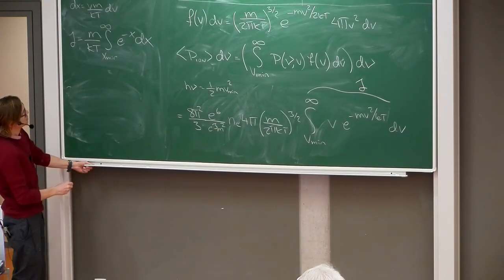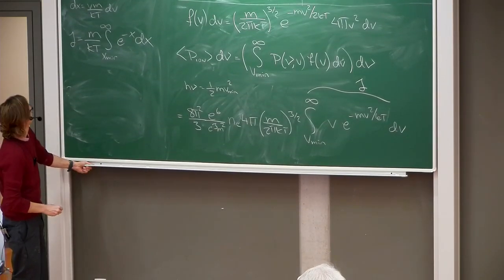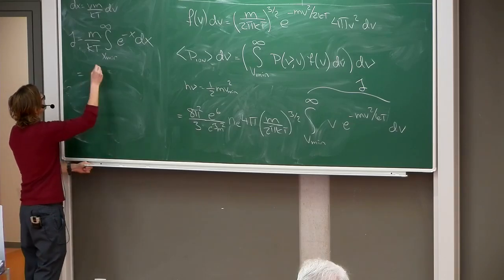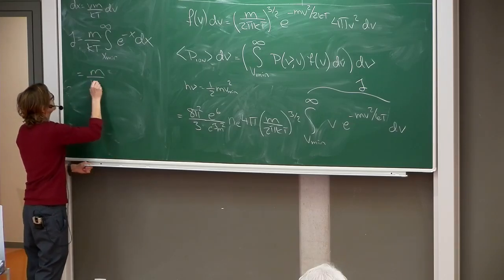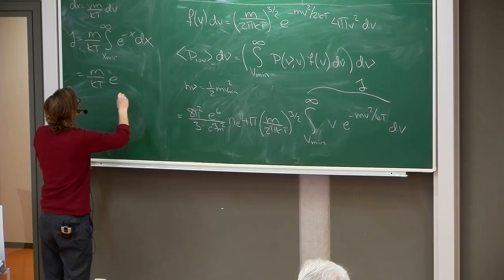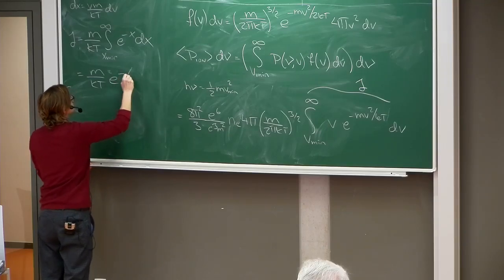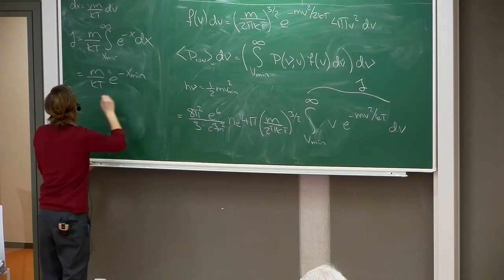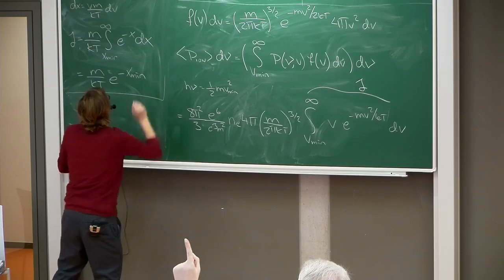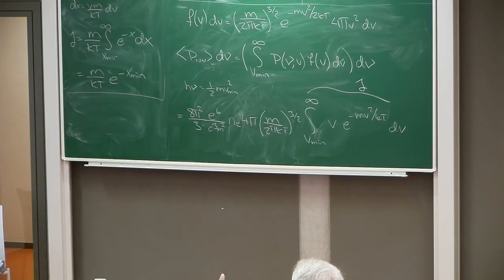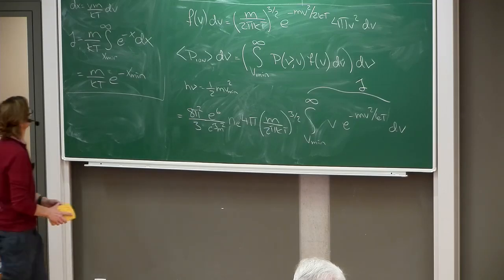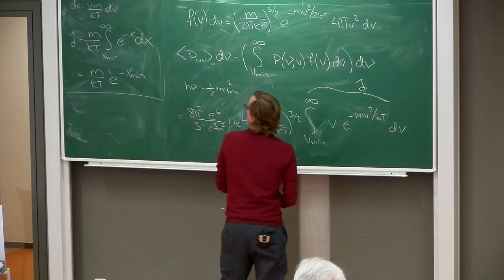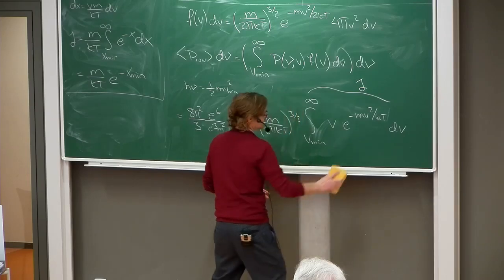This one we know how to do. It's just (kT/m) e to the minus x min. Sorry if I did a sign error on the way. I don't think I did, actually.